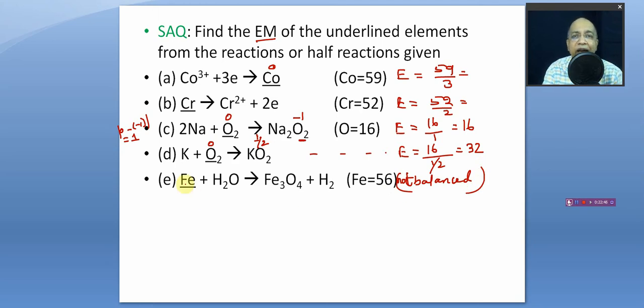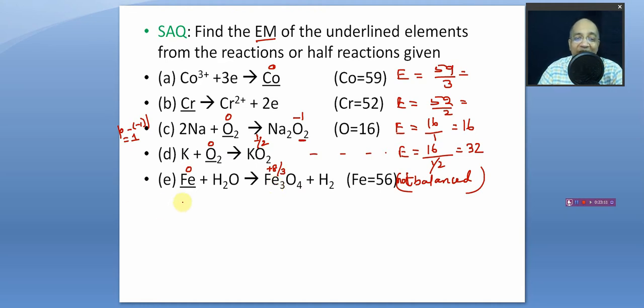We are going to find the change in oxidation state per atom of the element in this redox reaction. So 0 goes to +8/3. You can take the average, no problem, because you know there are +2 and +3 oxidation states, the paradoxical oxidation states.